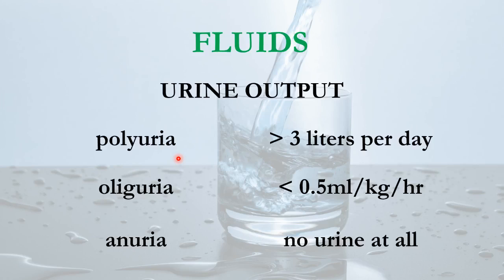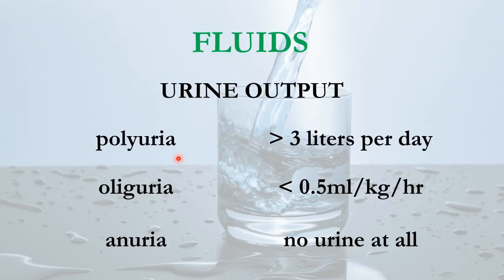Polyuria means passing more than 3 liters of urine per day. Oliguria means passing less than half a mil per kilogram per hour. And anuria means passing no urine at all, or almost no urine at all. So what's the normal urine output then? In some references, that's 30 mils per hour. But then again, it depends on the patient's body weight.